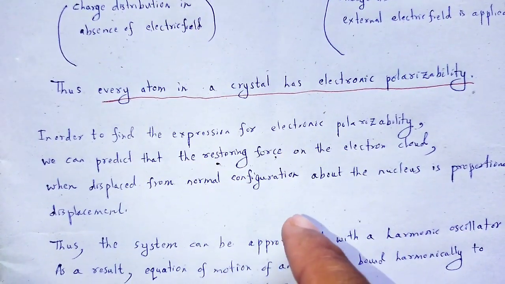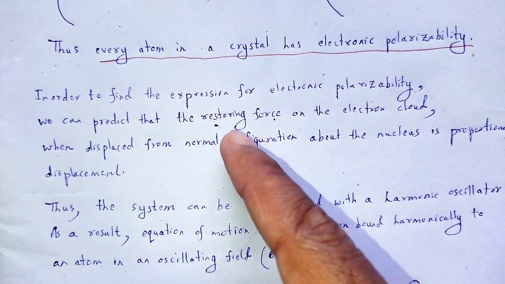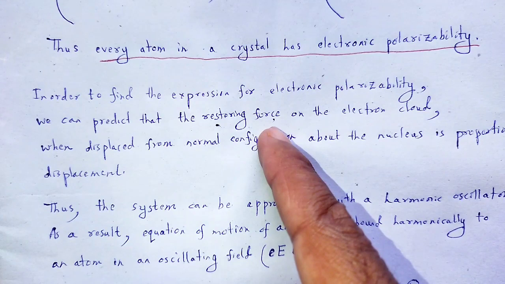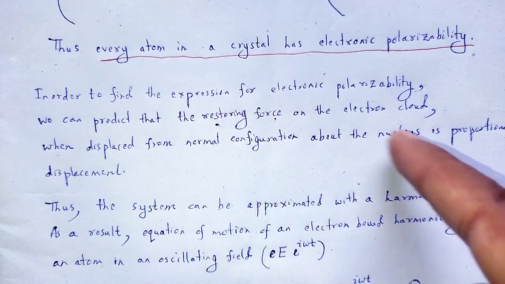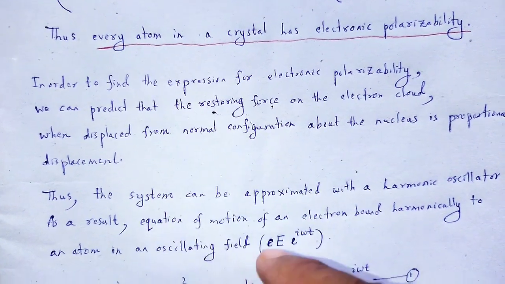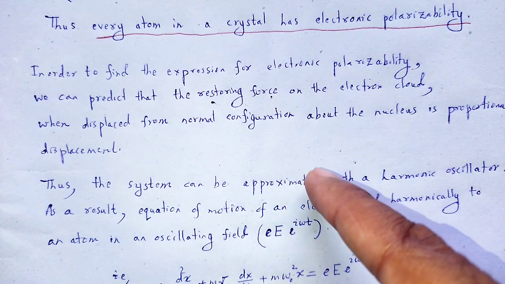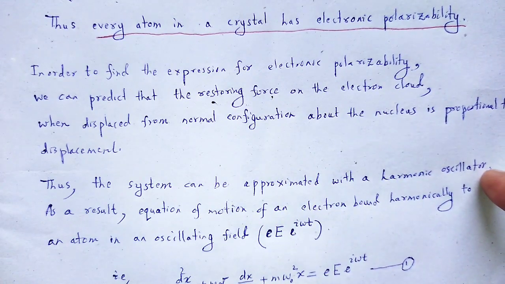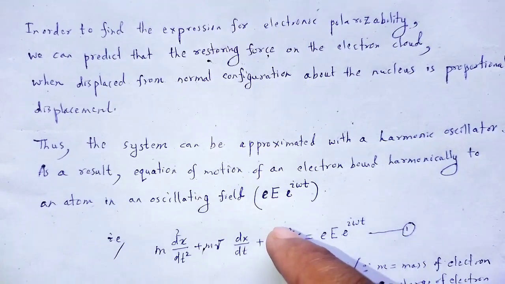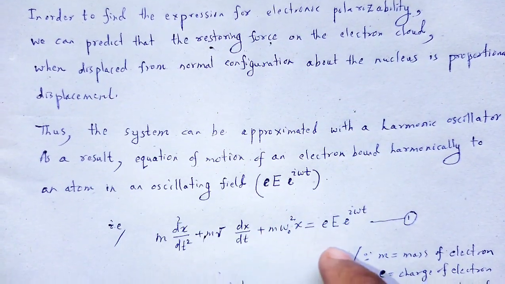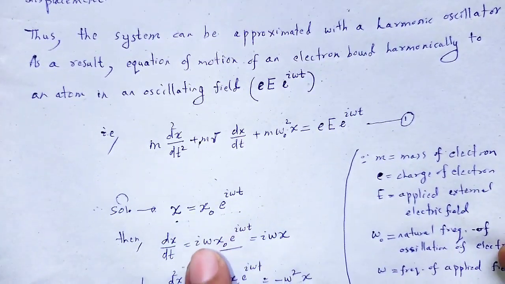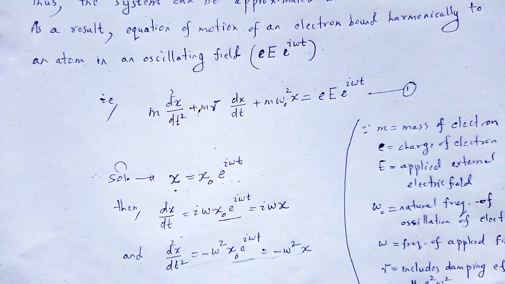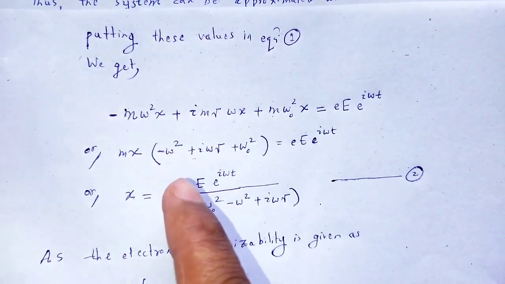In treating the classical theory, first of all, we relate how the restoring force on the electron cloud is directly proportional to the displacement. In that way, we assume it is approximated to a harmonic oscillator, and then the equation of motion of the harmonic oscillator is used, and its solution, first order differentiation and second order differentiation values are put in the equation of motion.